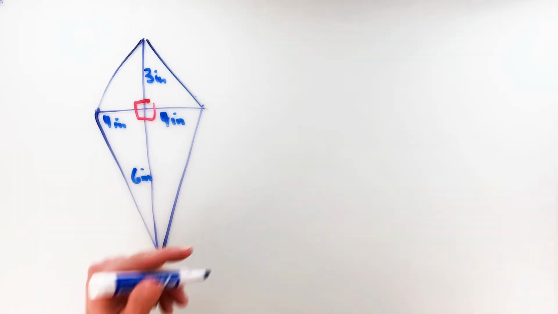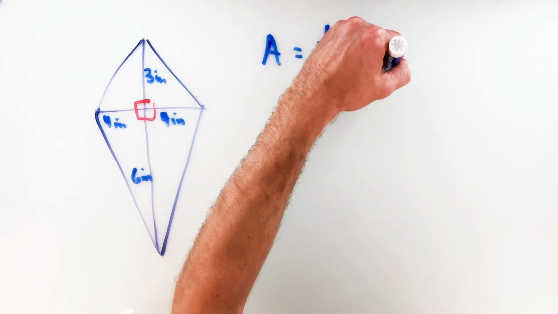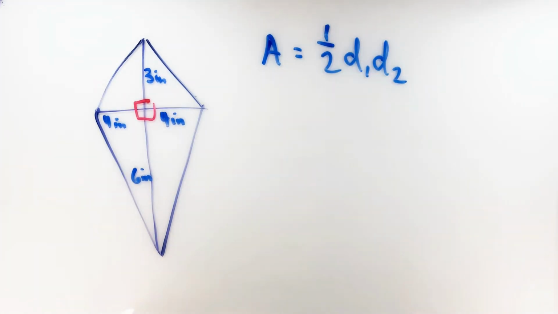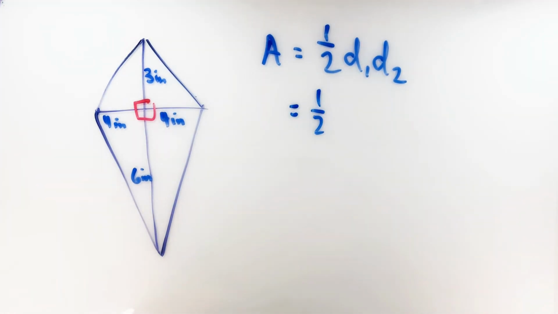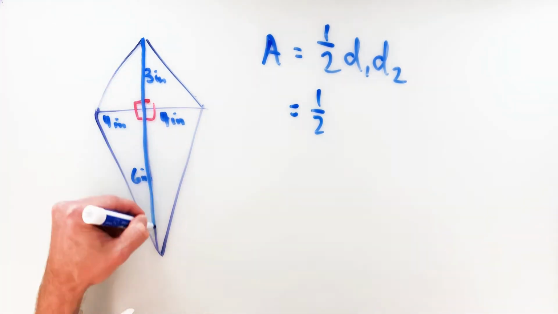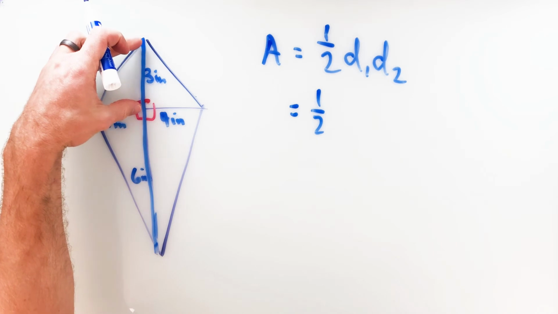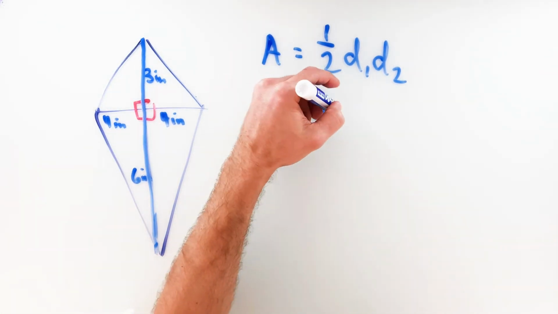But we can take the entire length in just a minute. So we use our formula for any kite. The area is 1/2 diagonal 1 times diagonal 2. We just need the lengths of each diagonal. Doesn't matter which one's 1, which one's 2. So let's say this is diagonal 1. The entire length, meaning the 3-inch segment and the 6-inch segment added together, is going to be 9 inches.